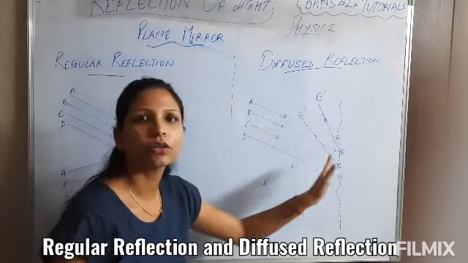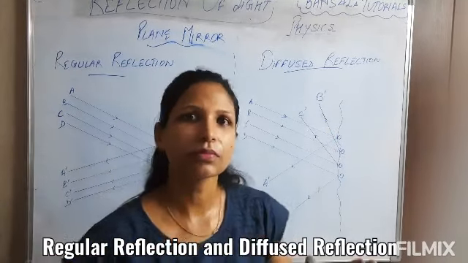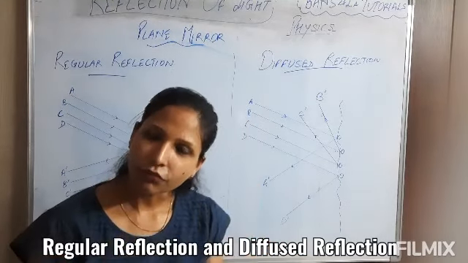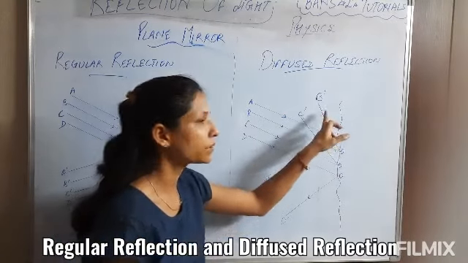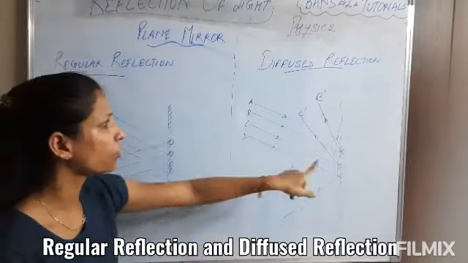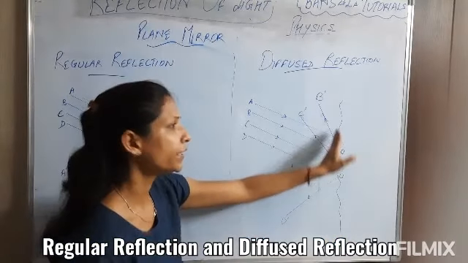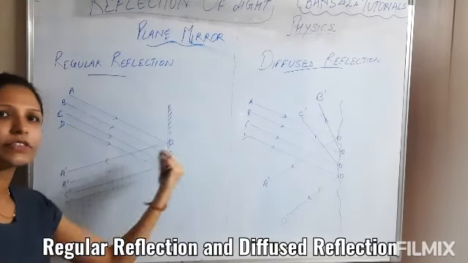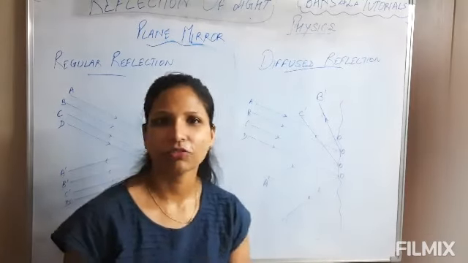Although the reflected rays are going in random directions, this does not mean that they do not follow the laws of reflection. They follow the laws of reflection, but then why do they go in the random direction? That is because of the irregular surface. They get reflected in another direction, while in a smooth surface they all get reflected towards the same direction, moving in a parallel beam of ray.